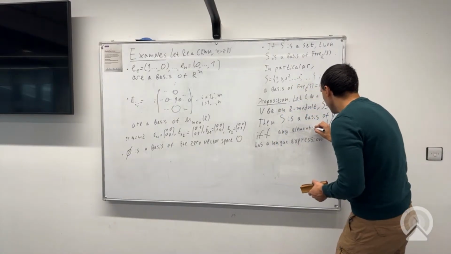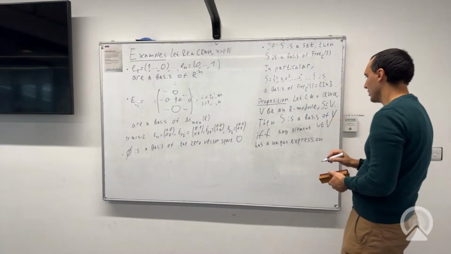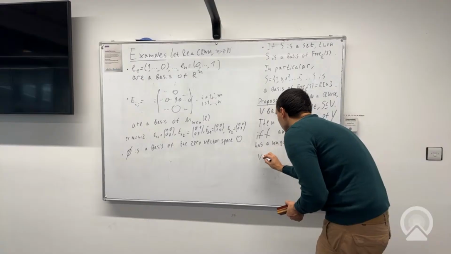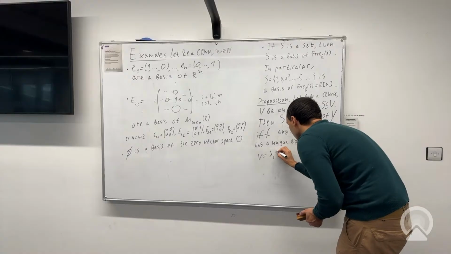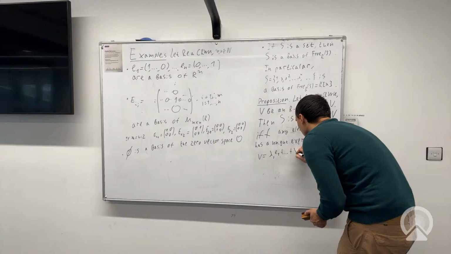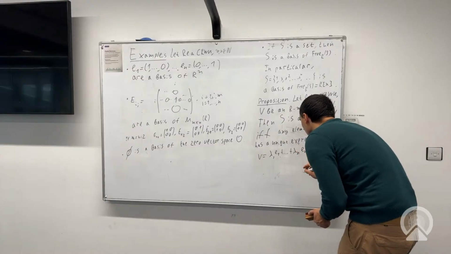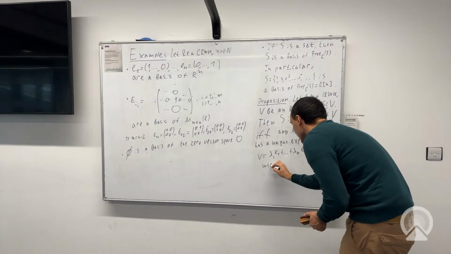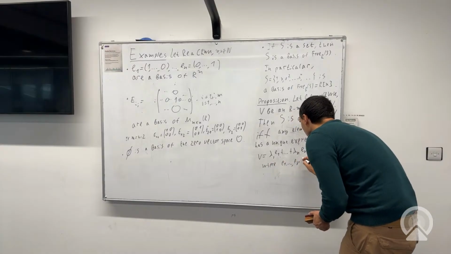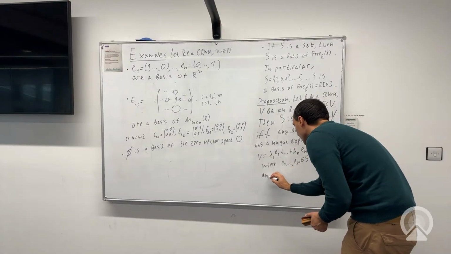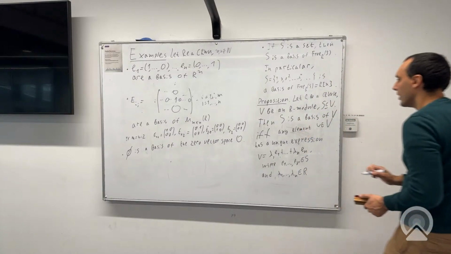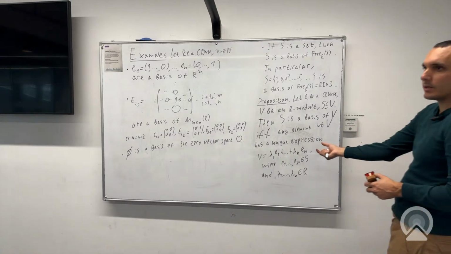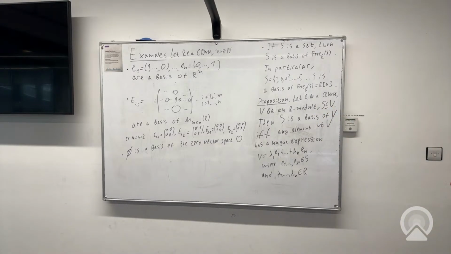Any element v can be written as v equals lambda 1 e1 plus ... plus lambda n en, where e1, ..., en are basis elements in S, and lambda 1, ..., lambda n are in R. So any vector can be expressed in a unique way by the basis. This is the essence of this theorem.